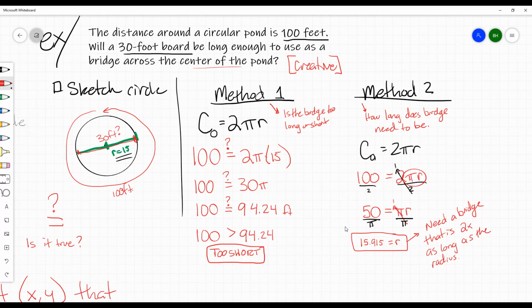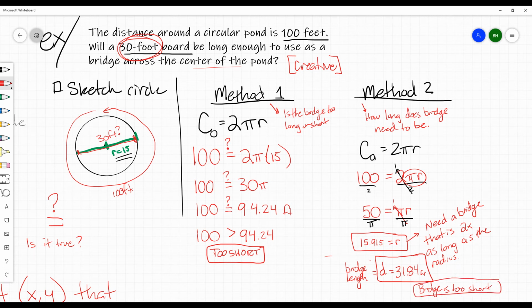And if we do this, then we get the bridge length is going to equal the diameter, which if we multiply it by 2, will give us a value of 31.84 feet. So in this case, we would need a bridge length of 31.84. So that means that a 30-foot board is actually not long enough. So once again, our bridge is too short.